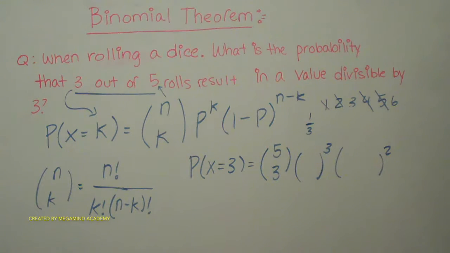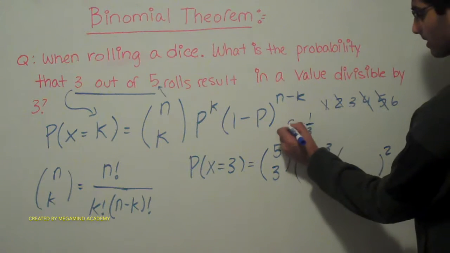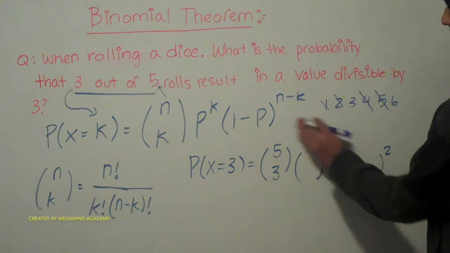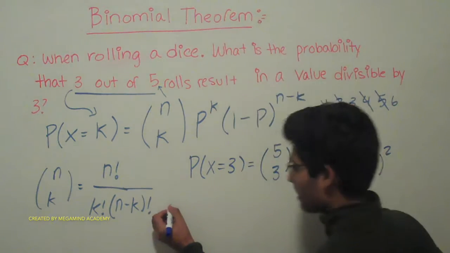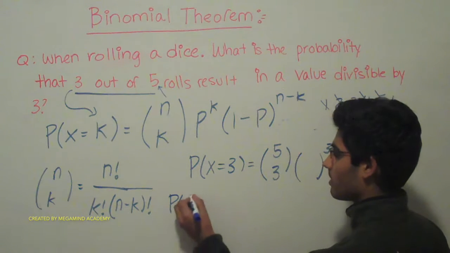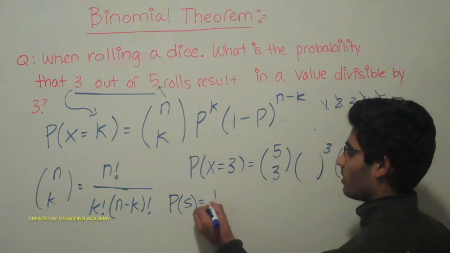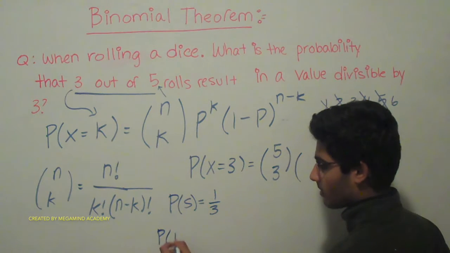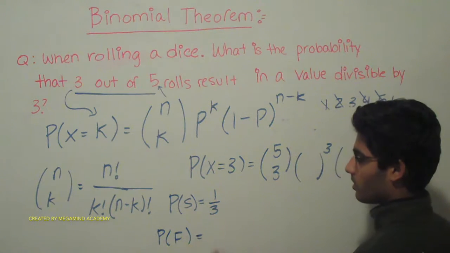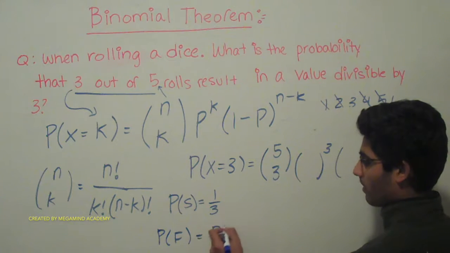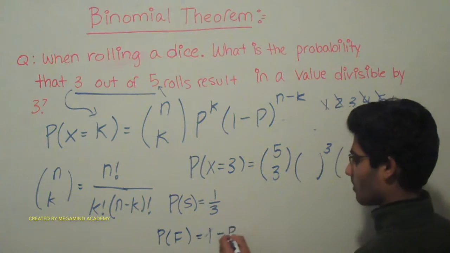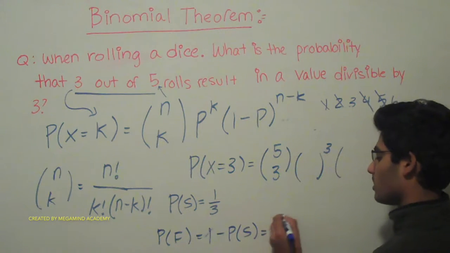Okay, so this is the probability of a success. Let's move to a different spot. The probability of a success, P of S, is equal to 1/3. And that means the probability of a failure, which is 1 minus P of S, is equal to 2/3.